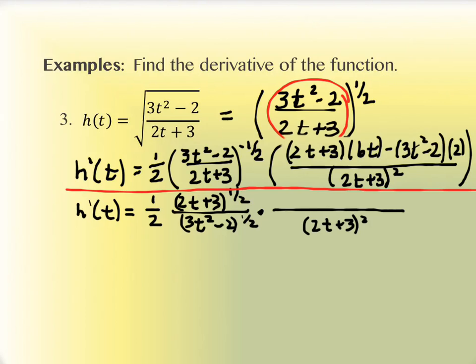Going to distribute, right? Okay, so the 6t is going to be times the 2t, which is going to give me a 12t squared. Plus 18t. And then plus 4.